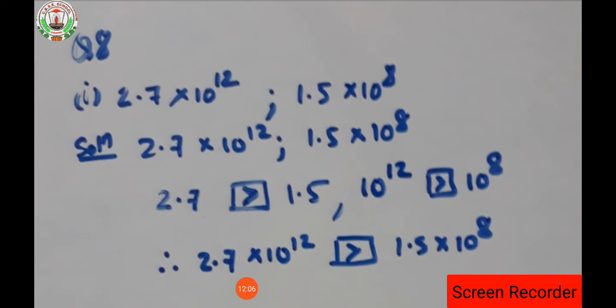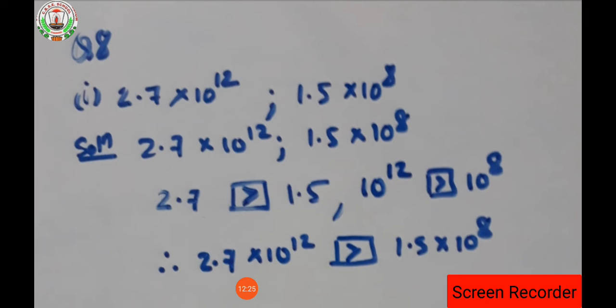Next question, question number 8. Here in question number 8, what is said is: compare the following numbers. We have to compare the numbers, as we did in question number 4, where we identified the greater number wherever possible in each of the following. In the same way we are going to see question number 8.